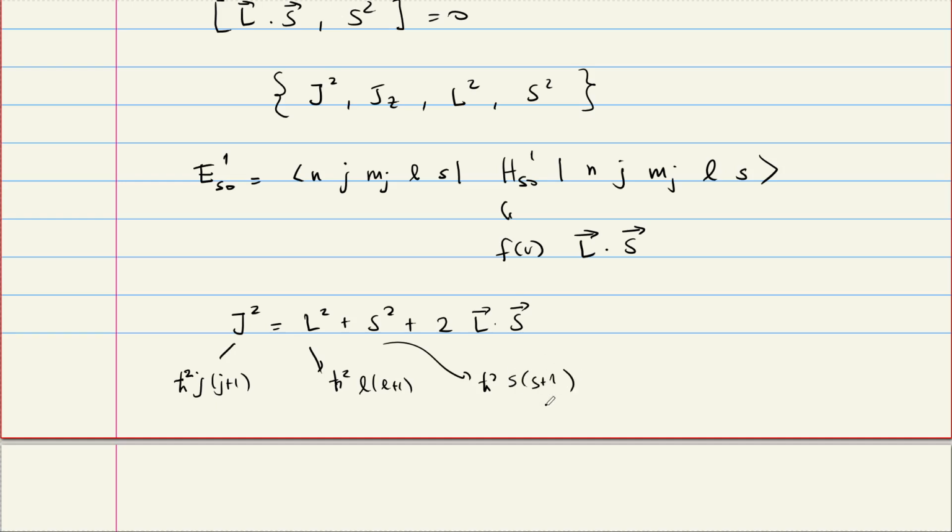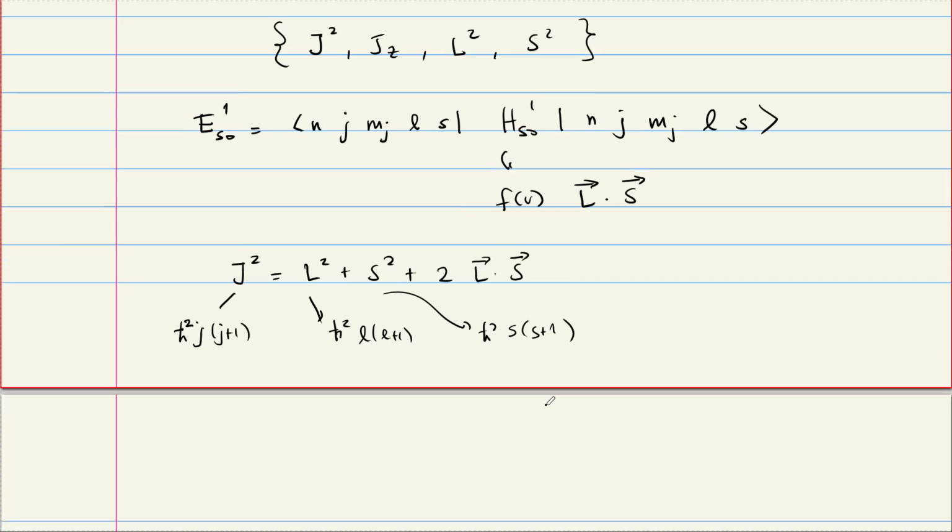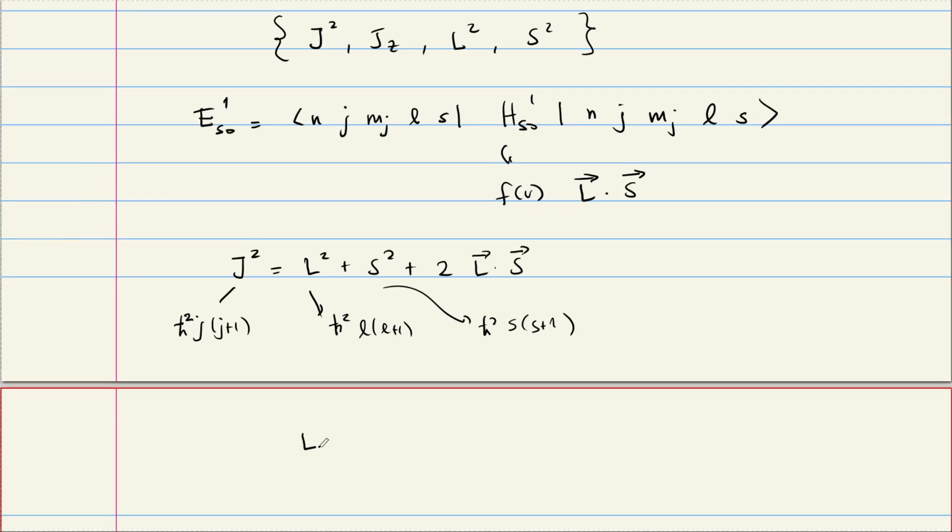I'm using the same rule over and over again. From there, I find L dot S. When I take the expectation value, it's going to be h bar squared over 2 times J times J plus 1 minus L times L plus 1 minus S times S plus 1.